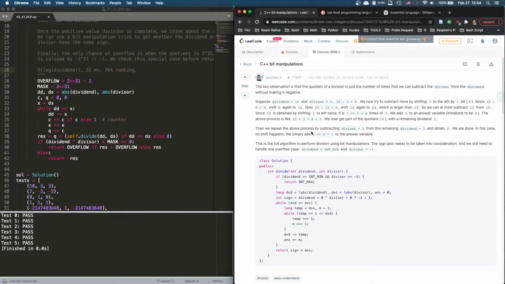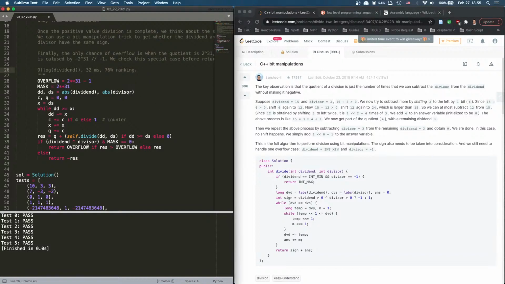Then we repeat the above process by subtracting. So, instead of running recursion, they do it inside, right? We can just shift. So we shift and shift, answer plus. Oh, that's the count. That's their count.